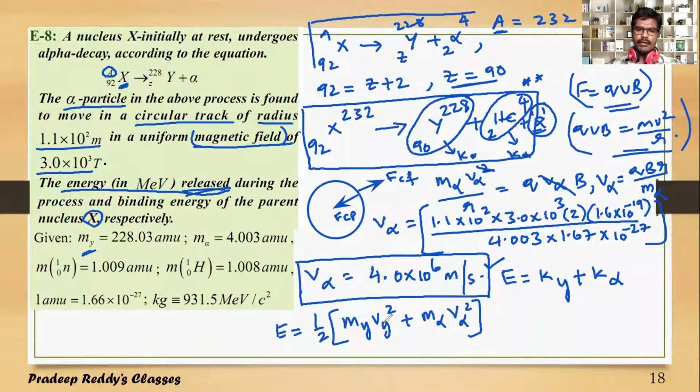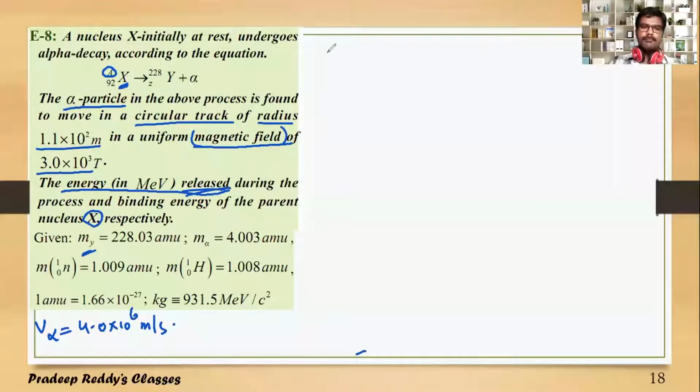So in order to find out velocity of Y, we will be using law of conservation of momentum. Okay, now let me do that. So I should now find out velocity of Y. We have calculated velocity of alpha. So for that we can use law of conservation of linear momentum.